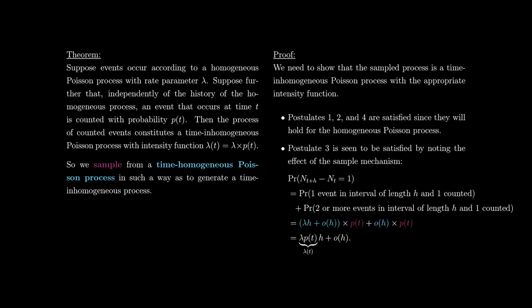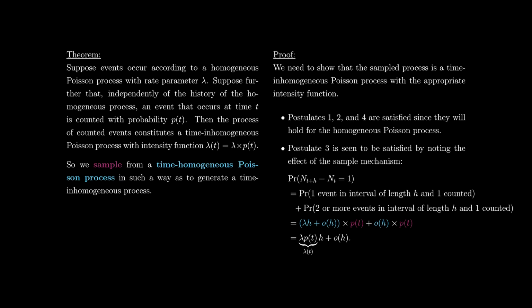Because we're counting with a certain probability, there are a number of ways in which that could have occurred. One way is one event happens in that interval of length h and we count it, or 2 or more events occur in that interval and we count one of them.